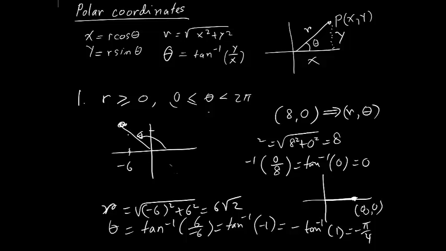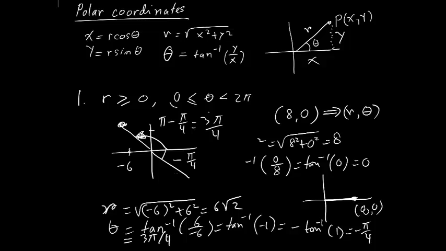So how do I get this here? You have learned this one in pre-calculus, that if you have this one here is negative pi by 4, so then this one will be just pi minus pi by 4, which is 3 pi by 4. So that my theta positive, if we consider, it will be 3 pi by 4.